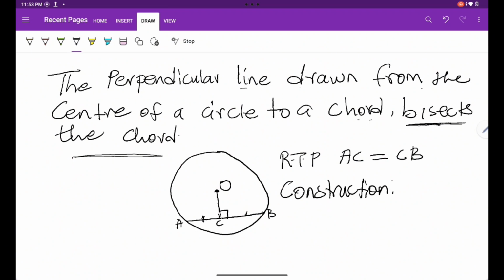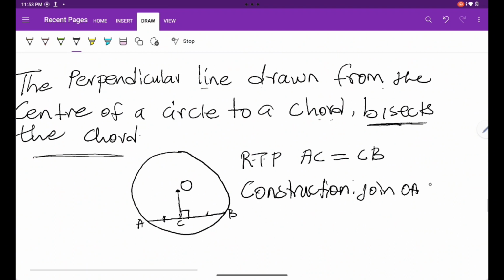We join OA and OB. Let's do it practically: we join OA, we also join OB.